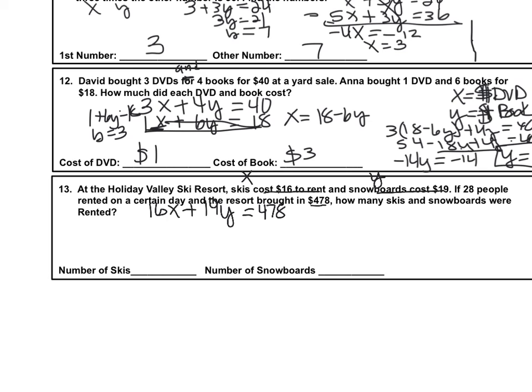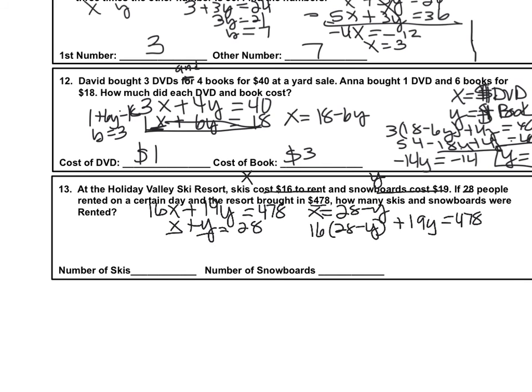I also said that it was a total of 28 rentals, so x plus y equals 28. Okay, so you can use substitution and isolate one of the variables here. So we're going to say x equals 28 minus y. So if I plug that in, 16 times 28 minus y plus 19y equals 478.